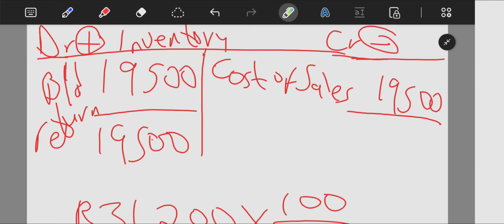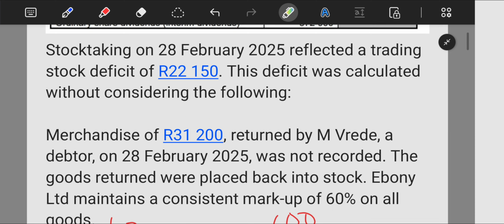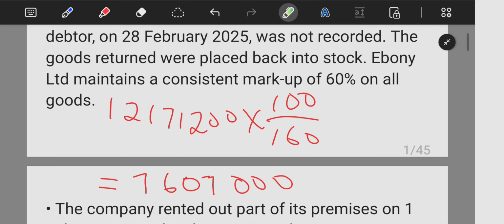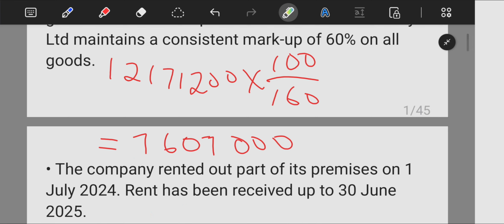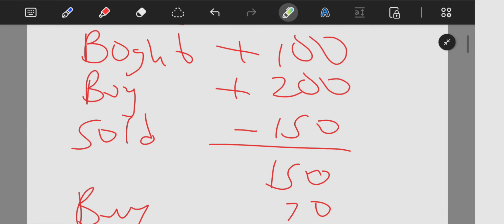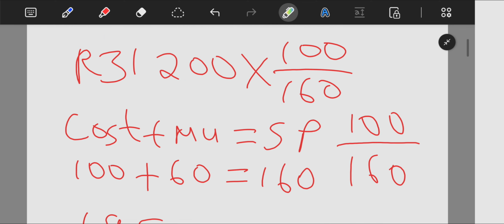Our trading stock deficit has been disclosed as 22,150 before counting the stock that came back. It means that when we go to the storeroom and count, we said, okay, we are short of this value of stock, whereas some of the stock has been returned and put on the shelf.